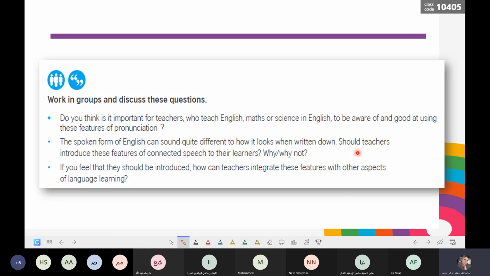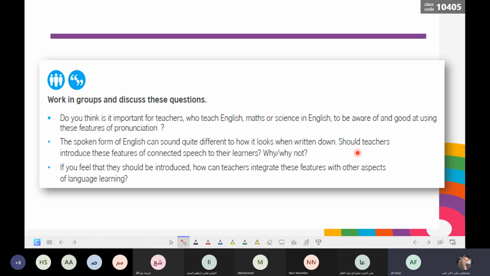The spoken form of English can sound quite different to how it looks. When we write English, the letters have the written form, but when we speak them, when we utter them, the situation is different. They are connected together, and a lot of things happen to these letters when they are pronounced as sounds.